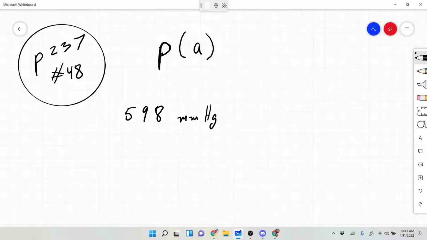Actually, let's not do it that way. Let's do it this way because of the lesson we're in. I'm going to write it as an ordered pair. How does that sound? 598 millimeters of mercury at 1.8 kilometers.